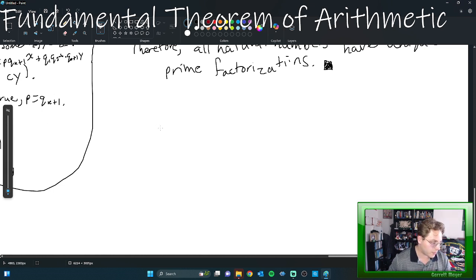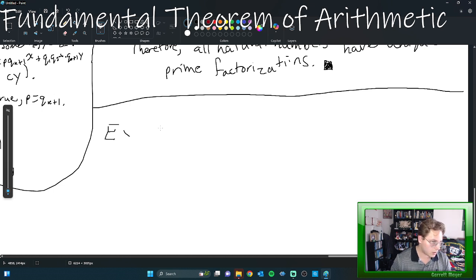Now, for an example of this, let's look very quickly at the natural number 12. Its prime factorization is 2 squared, which is 4, times 3. This is a unique factorization.